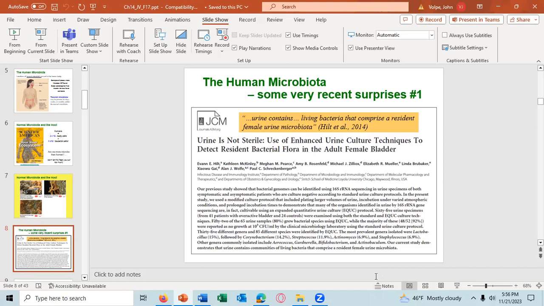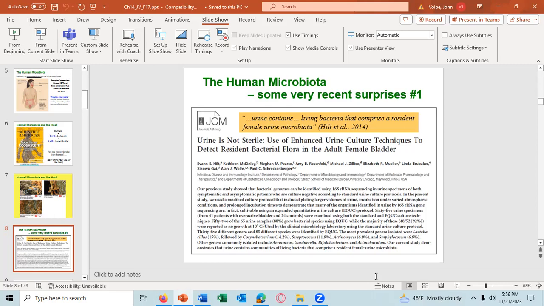And when we look at it, we find bacteria growing within the human bladder. And I've looked to see if anyone has ever done studies on males to find out if males have bacteria growing in their bladder. And I can't find any research that even looked at it. So I don't know the answer to that.